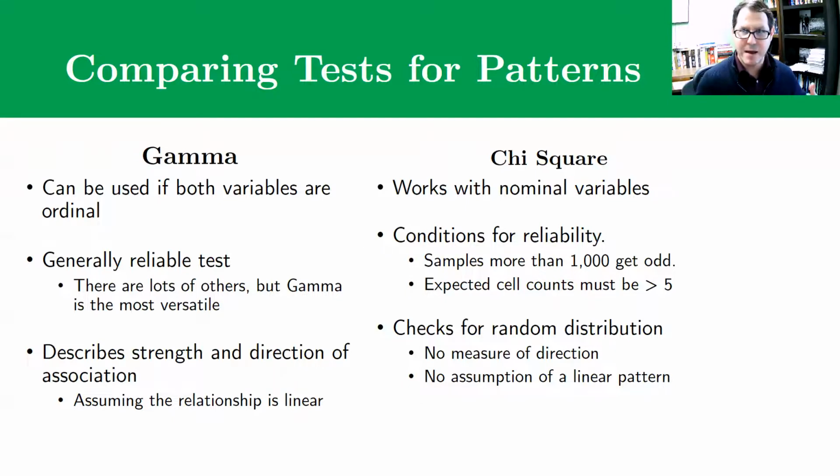And then we look at how the cases actually landed in the table. And are there more cases in some cells than we would expect and less cases in other cells than we would expect? And we'll take those differences and add them up. And if we get a large number, that means that there's something going on where cases are landing differently than we would expect. And if we're getting a small number, cases are actually behaving more or less as we would expect.